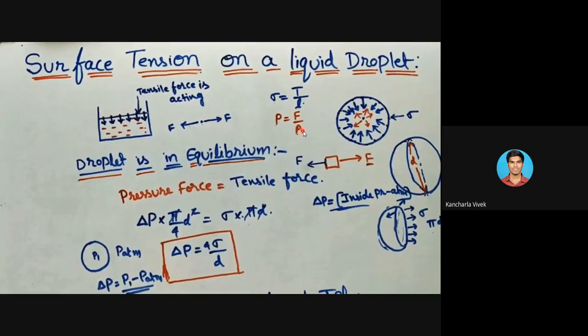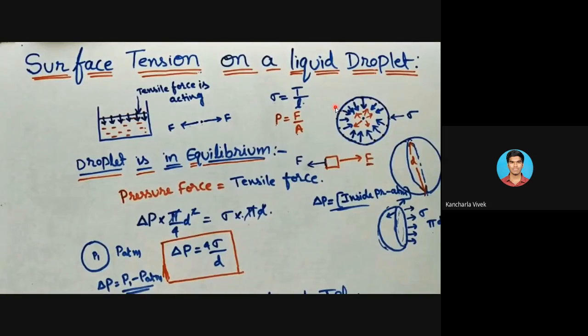This will be multiplied by the area of the water bubble, that is pi by 4 into d square. So when you equate both and solve, you get delta P equals 4 times sigma by d. So the change in pressure is 4 times the surface tension divided by the diameter. So that is about surface tension on the liquid droplet.